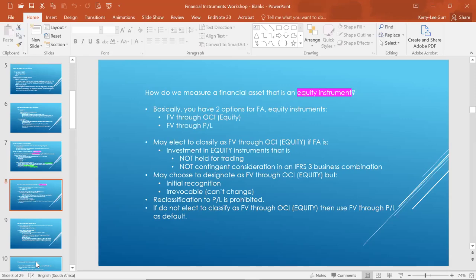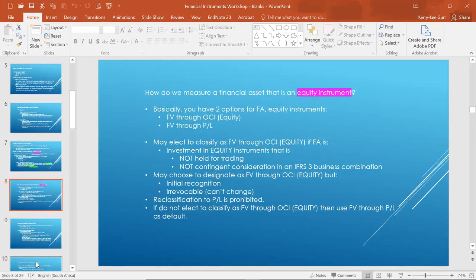And that really means in basic terms that they can't change this decision. So once they've decided that they've got a financial asset, it's shares, it's equity instruments, and they're going to use fair value through OCI equity as their measurement model, that is done and dusted. They cannot decide to change it later on to perhaps use profit or loss. They can't do that. So it's an irrevocable decision.